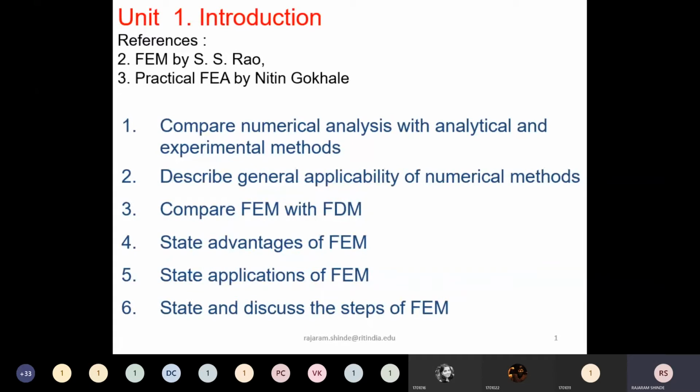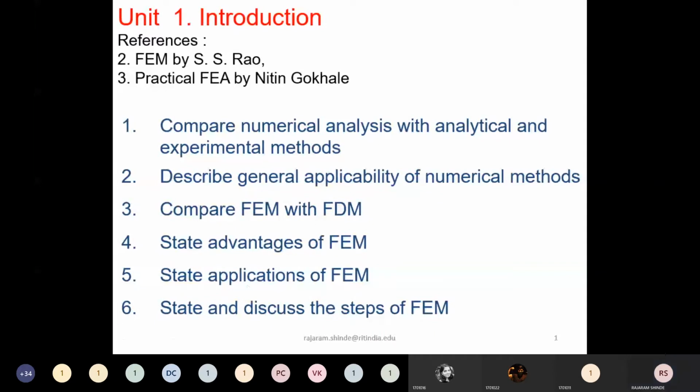All disciplines means civil engineering, automobile engineering, mechanical engineering, aeronautical engineering, marine engineering, chemical engineering, electrical engineering, electronics engineering. Every discipline is covered by finite element method. It has huge applications. It is the background of all analysis softwares, and those softwares are used for different disciplines.